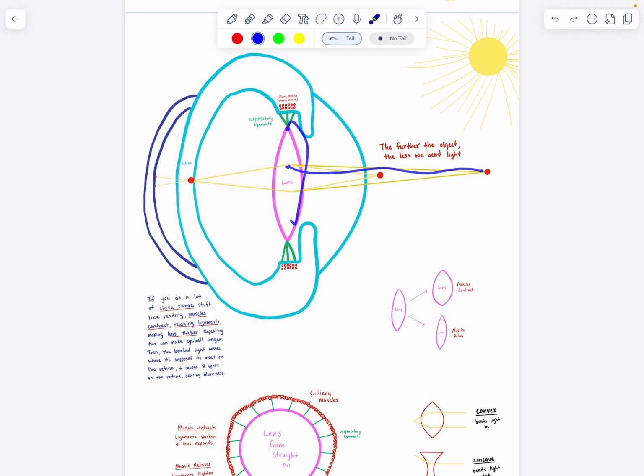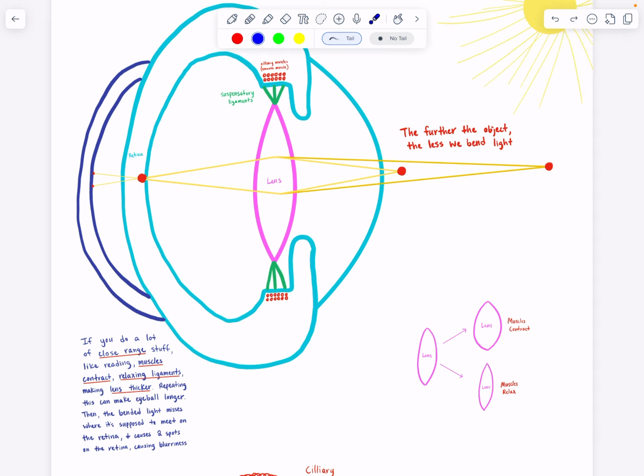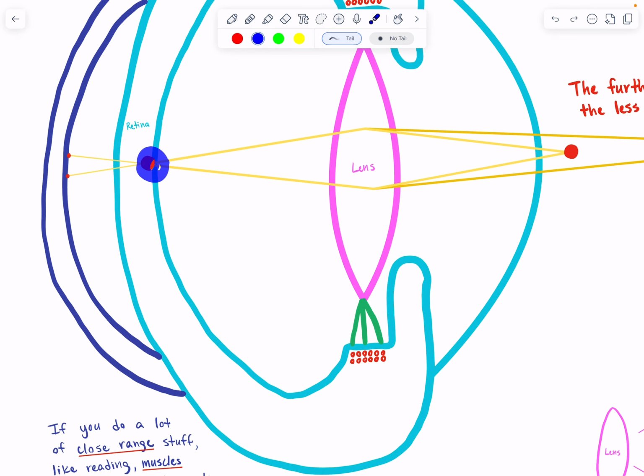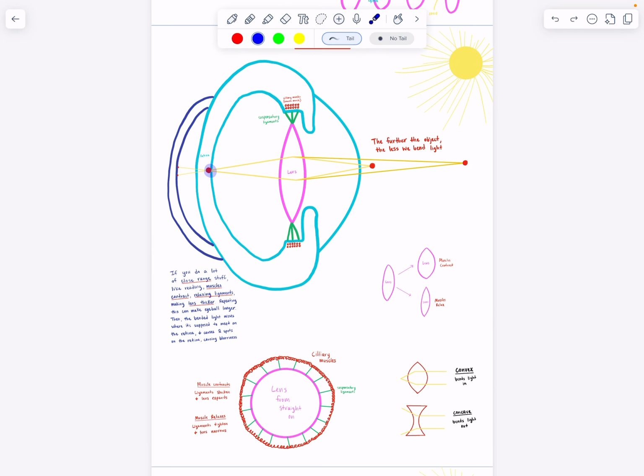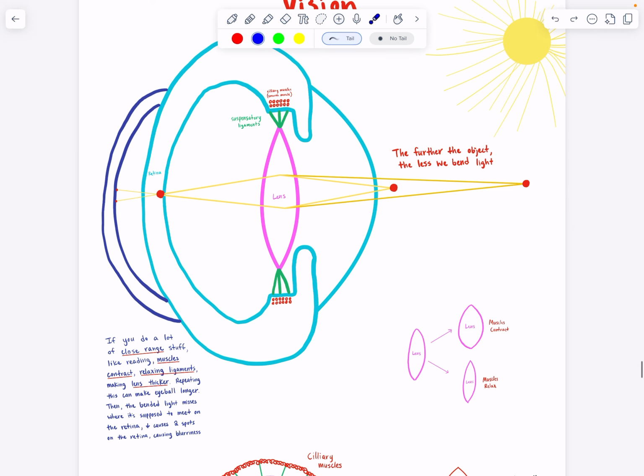It's going to hit the lens, and the lens's job is to bend light. It bends light onto our retina, and we'll go into the mechanisms behind that later. But it bends light, and it hits the retina in just one spot. And that is how we interpret things that we see. If we're seeing things farther away, it's going to bend light less.